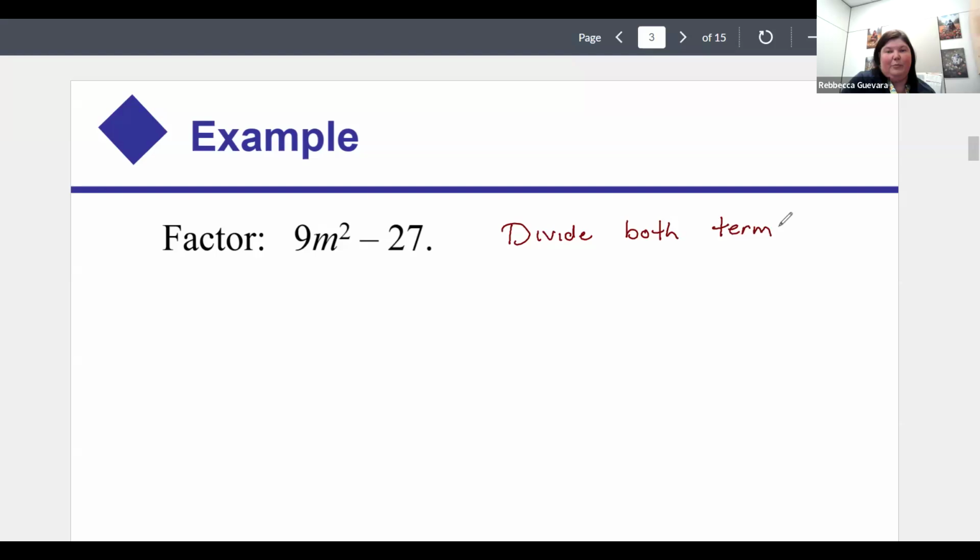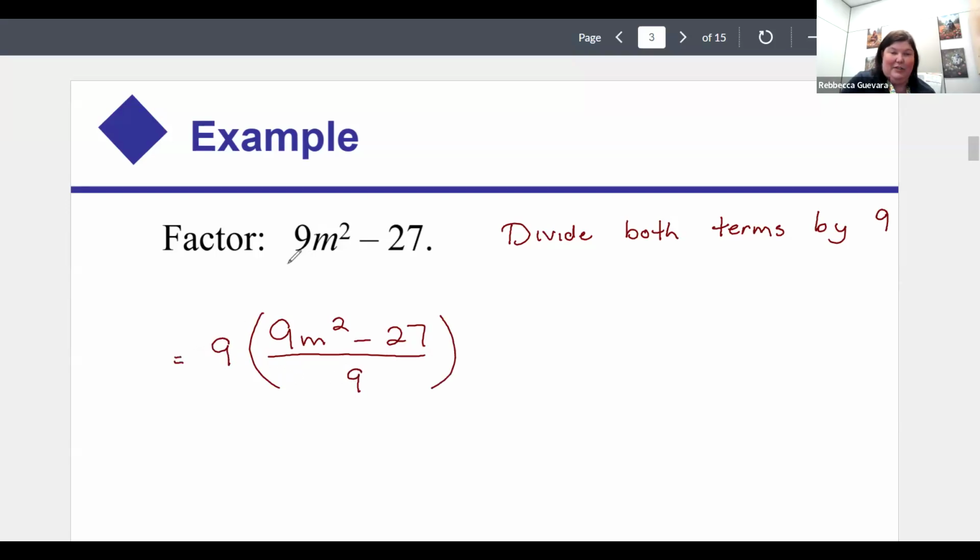One of those things is 9; we can divide both terms by 9. This is how we do factoring. Both of those are divisible by 9, so I want to divide by 9, but keep the expression equivalent. So I'm going to multiply by 9 on the outside.